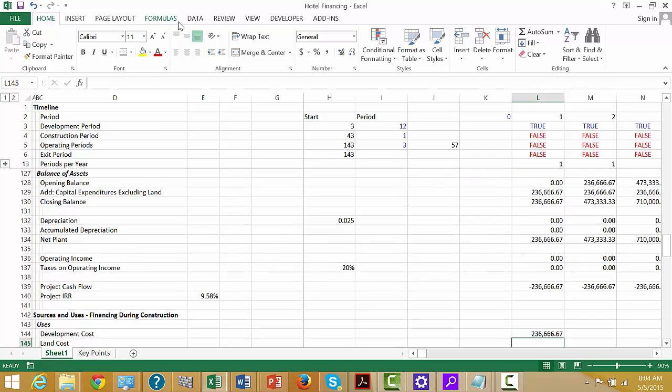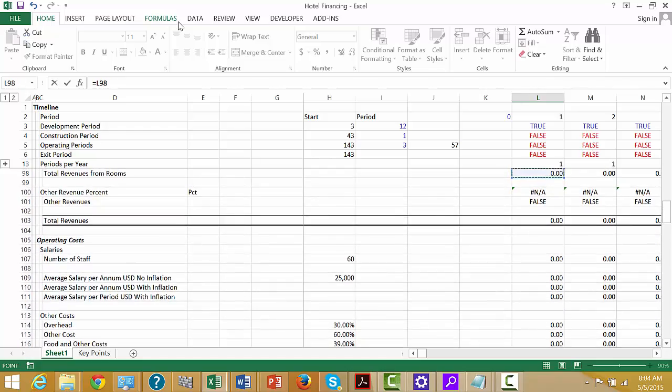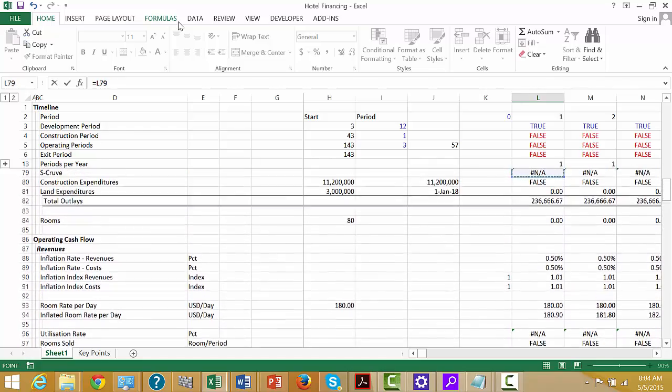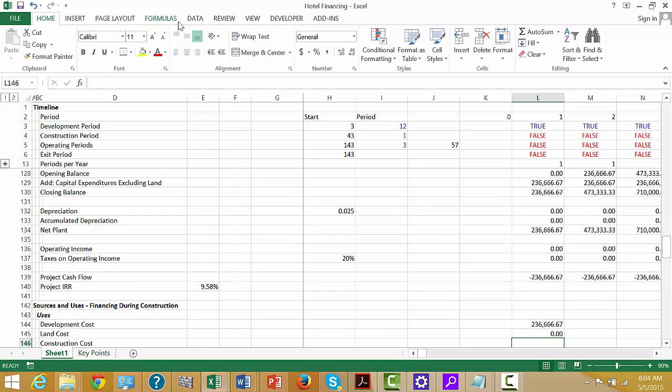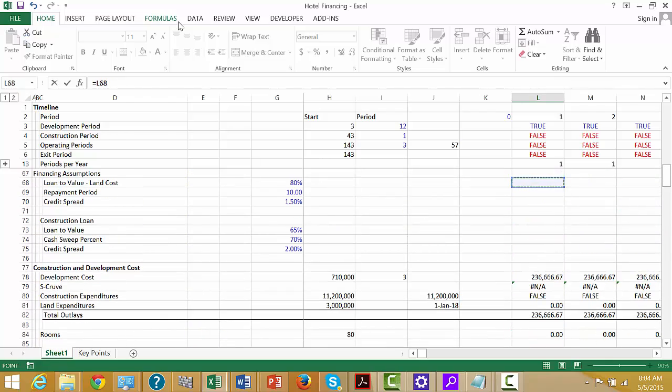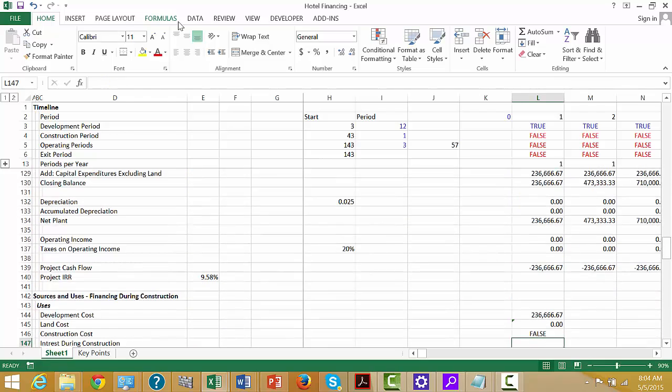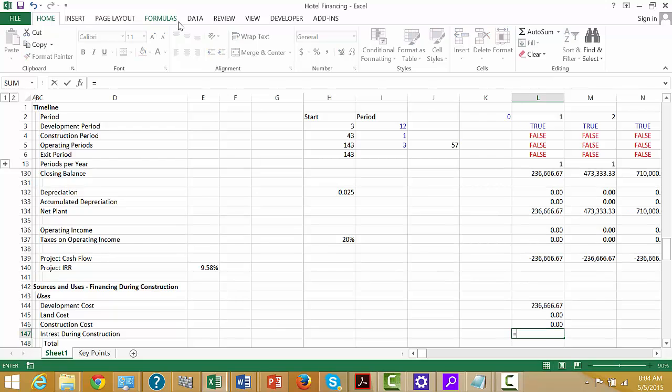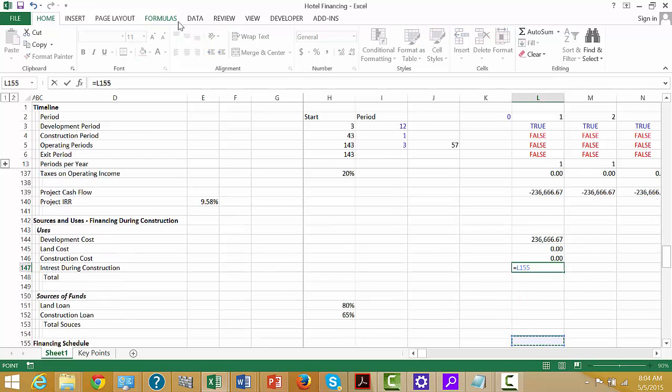So we put the construction cost, then we put the land loan cost, the land expenditures rather, then we put the construction expenditures. Okay, you know, I'm going to multiply this by 1 too. And then the interest during construction, that's a little bit tricky.